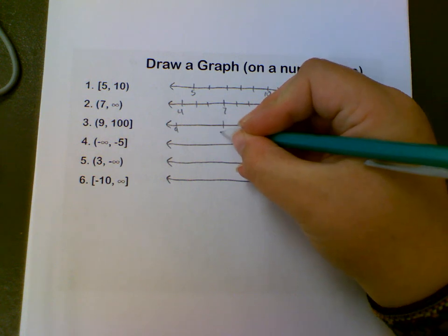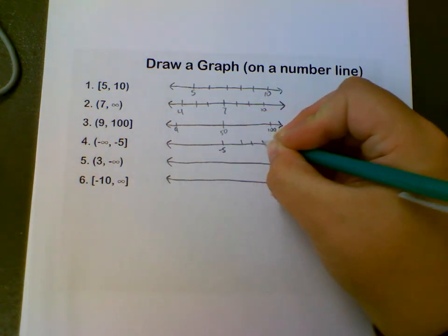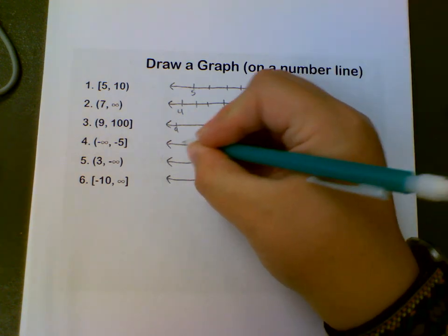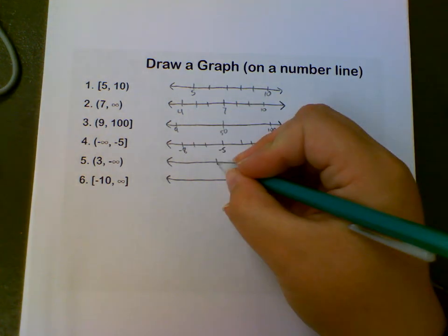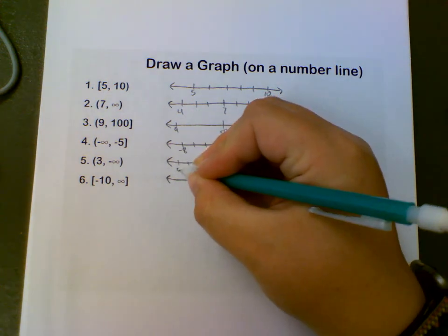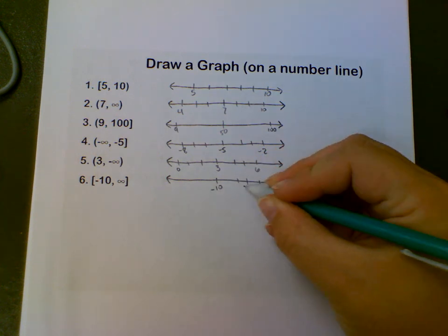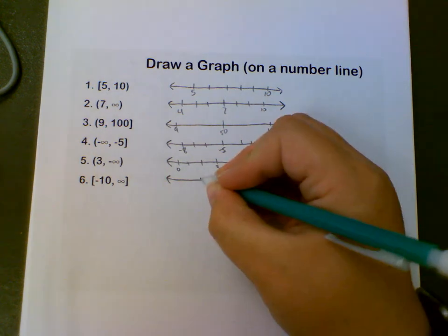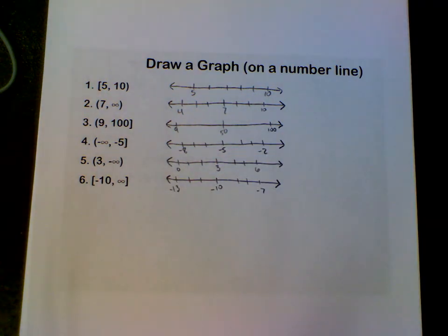Let's say that's about 50. I got negative 5 here. I have 3 as my important number, so just add numbers on each side, make sure everything I need is there. Negative 10, 7, 15. There we go.